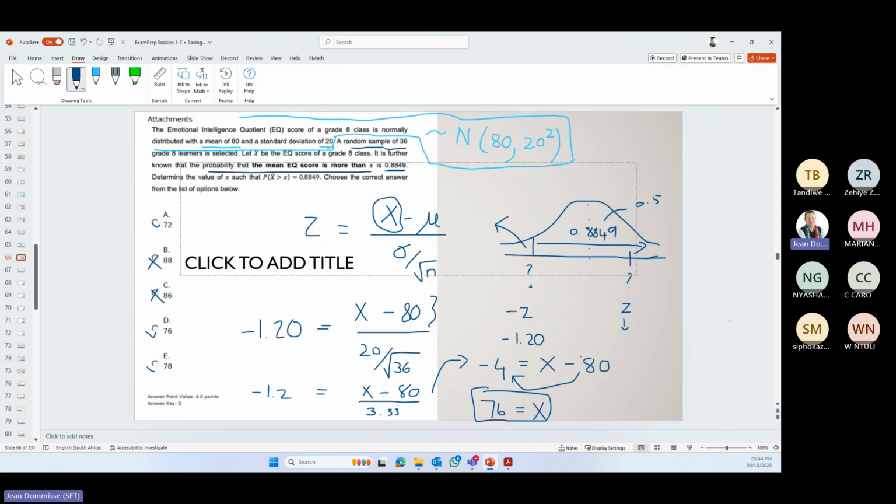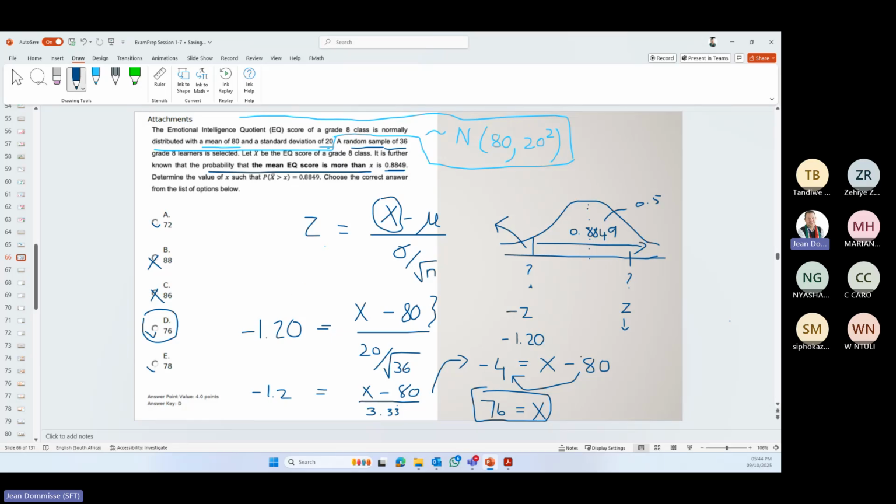And so we're starting off with the more weird questions, where I normally end off with these, because we normally start off with the ones that follow the principle that we get a z, we go to the table, we get the probability.